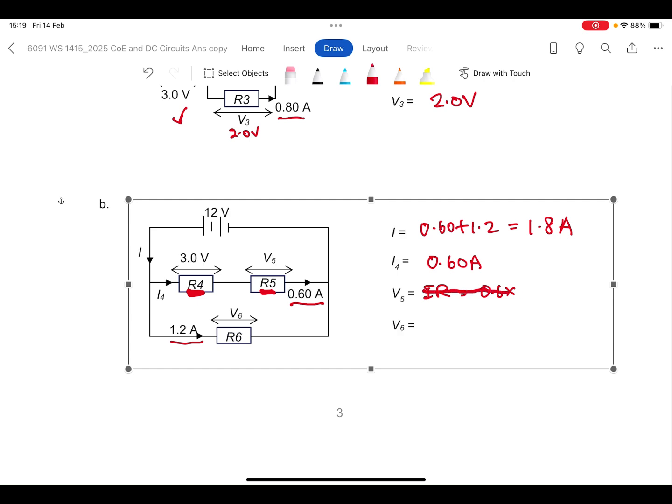So you need to use the EMF minus the potential difference across R4, because across the entire branch the voltage will be 12 volts because V is constant, so it will be the same as the EMF. So the PD across the entire branch is 12 volts. So V5 must be 12 minus 3, which is 8.0 volts.